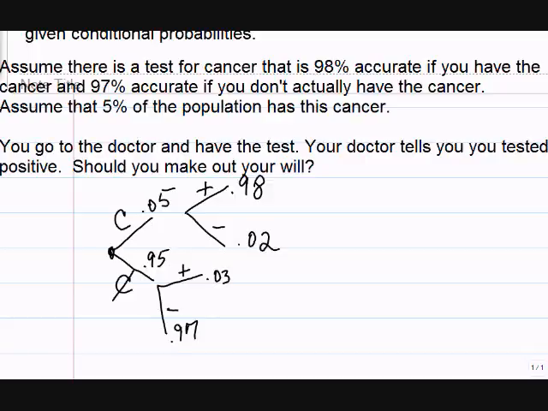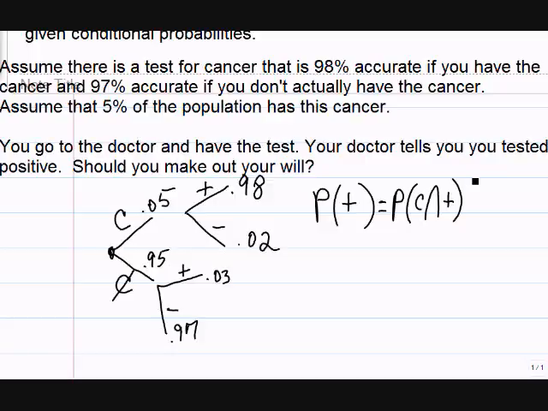Okay, so let's figure out some probabilities here. Let's figure out the probability that anybody that takes this test is going to have a positive result. So you're either going to have cancer and test positive. So that's the probability I'm going to call C and positive.